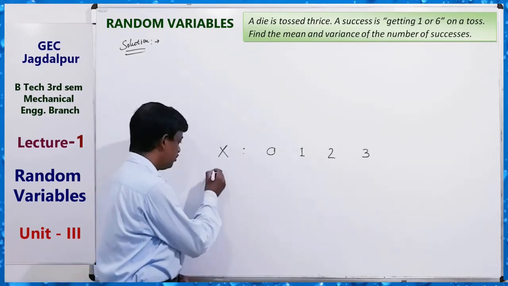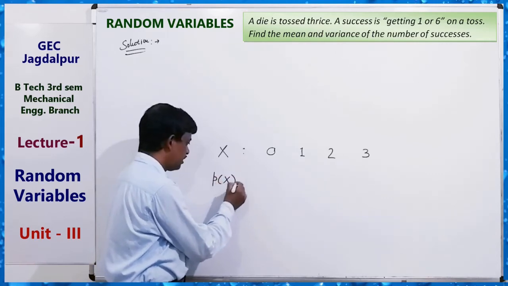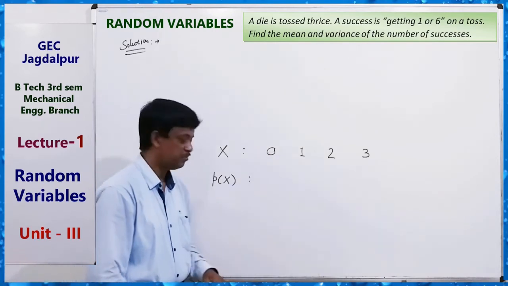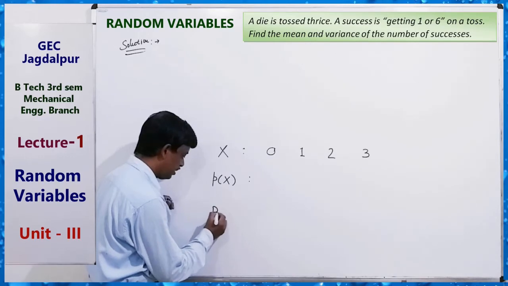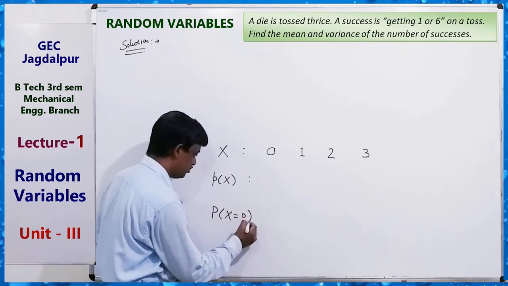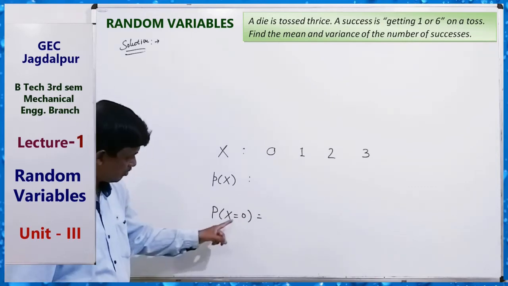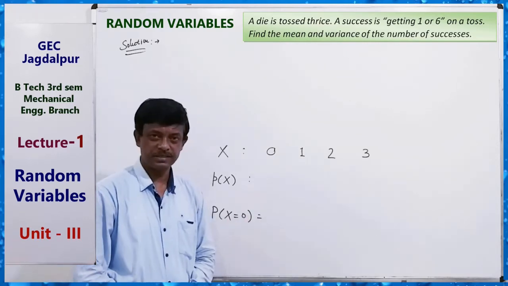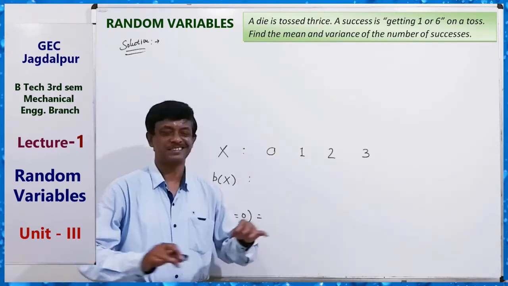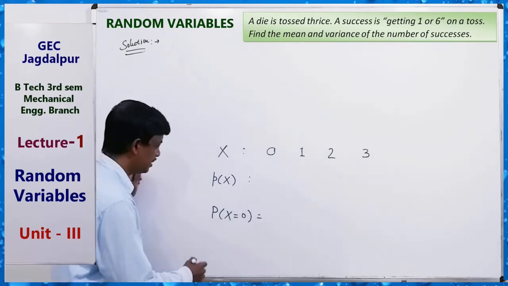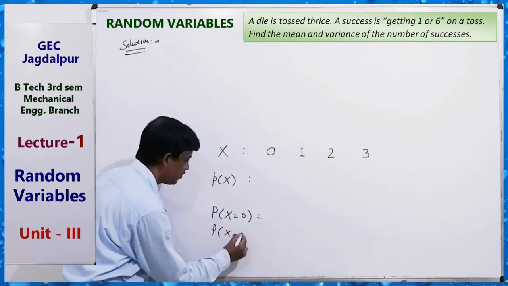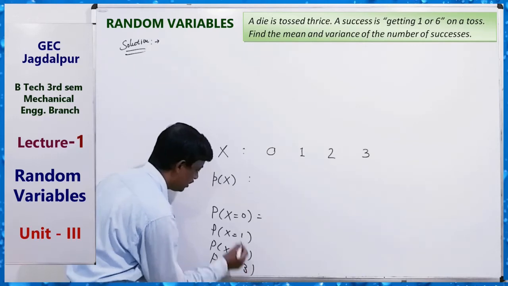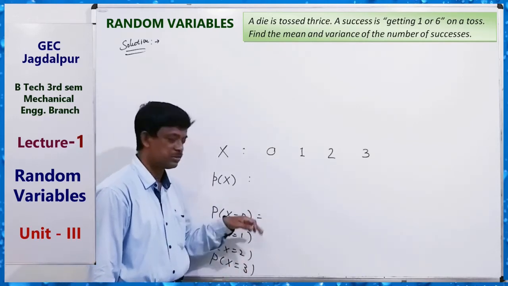Now we have to find the probability corresponding to this, that means the probability of x equals 0. Probability of x equals 0 means what? Not getting any success. Similarly, probability of 1, probability of 2, probability of 3: getting 1 success, 2 successes, 3 successes, or no success.